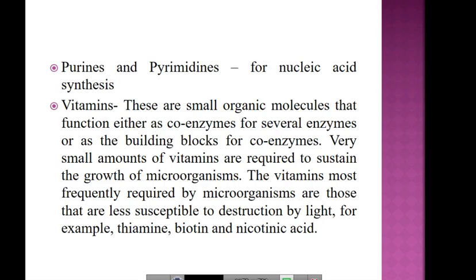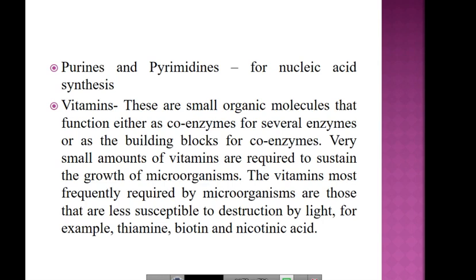They must be there. Then the third and last growth factor is vitamins. Vitamins are small organic molecules that function as coenzymes for several enzymes. Some microorganisms require these vitamins because they cannot synthesize them, while some microbes can synthesize the vitamins they require.